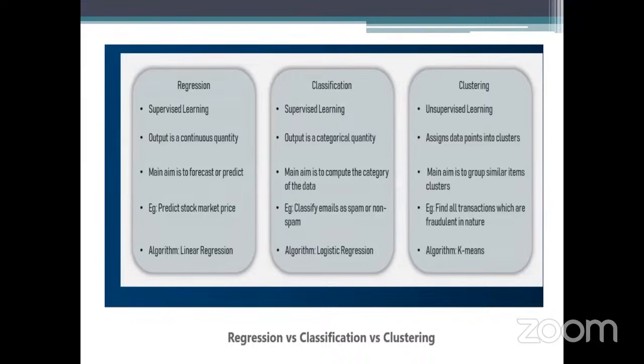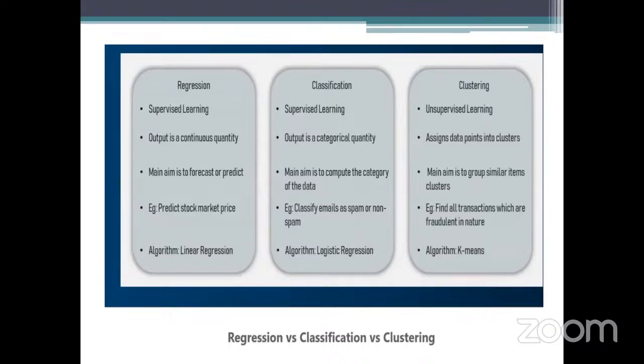Now, a lot of you might not be aware of what exactly a continuous quantity is, right? A continuous quantity is any quantity that has an infinite range of values. One more example: the weight of a person is a continuous quantity. The weight can be 50, 50.1, 50.001, 50.021, and so on.